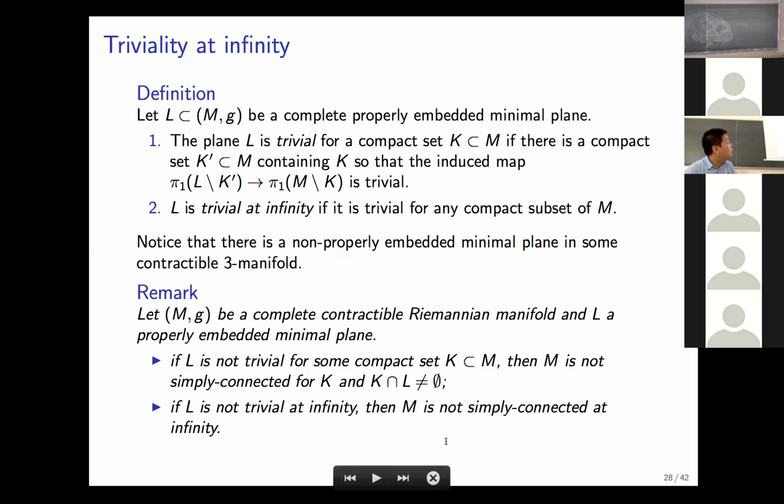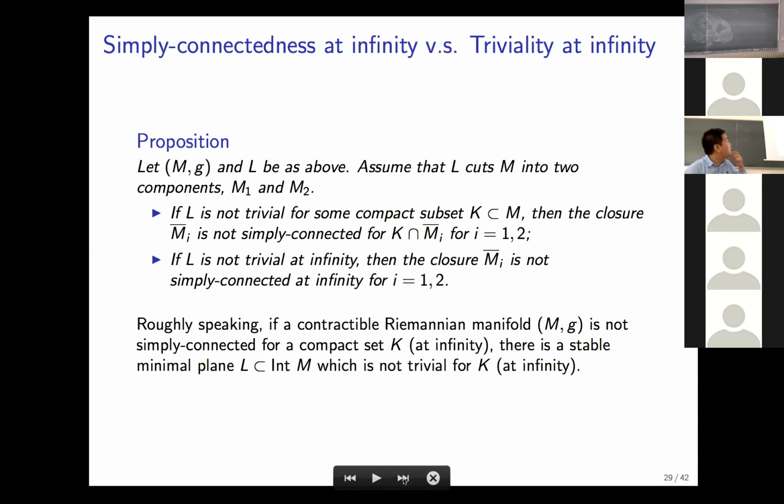Okay. Furthermore, let M and L be as above. Assume that L cuts M into two components, M1 and M2.